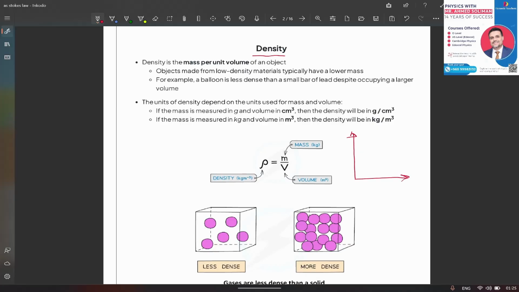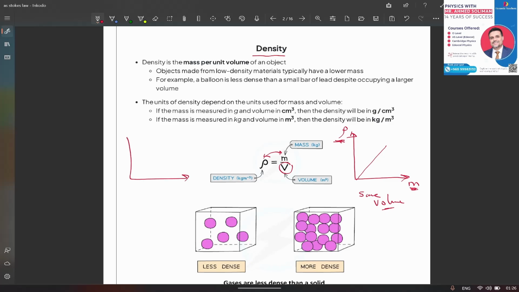If we have a fixed volume, mass and density are directly proportional. So if we have the same volume, as mass increases, density increases.